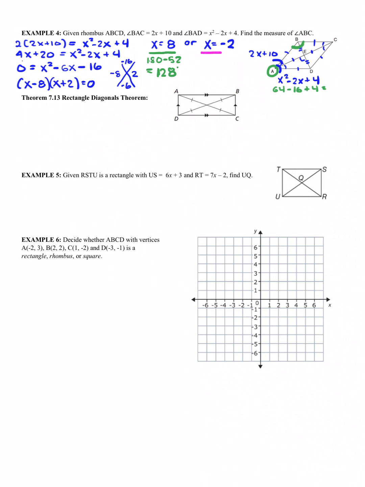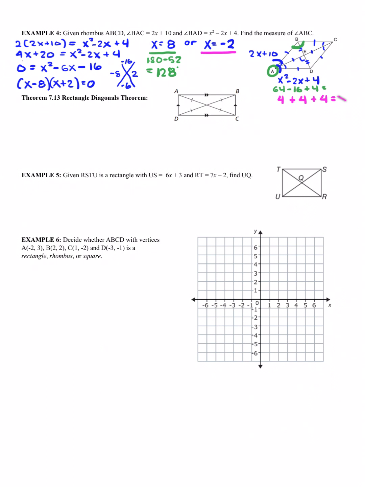If I use the answer x equals negative 2, then I'm plugging in negative 2 squared is 4, minus 2 times a negative 2, so that's plus 4, plus 4. Okay, well that makes that angle 12.